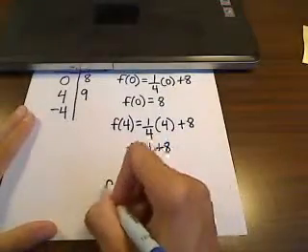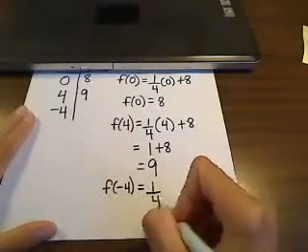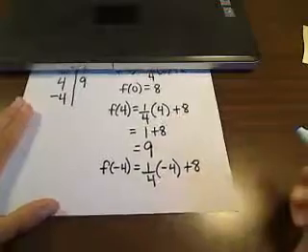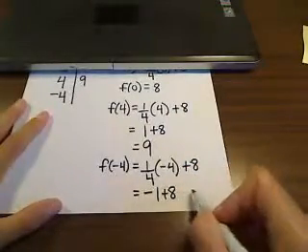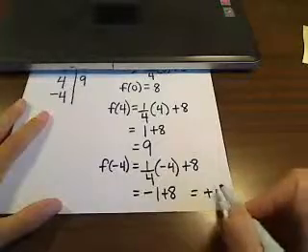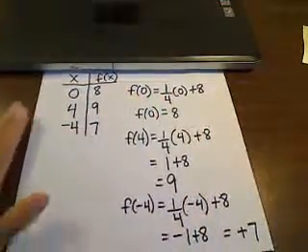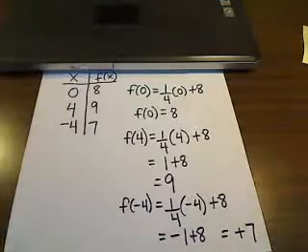Then I would do the same thing with f of negative 4. That's 1/4 times negative 4 plus 8. So that's a negative 1 plus 8, which is a positive 7. All right, so we have 3 ordered pair points. That's enough to graph this line.